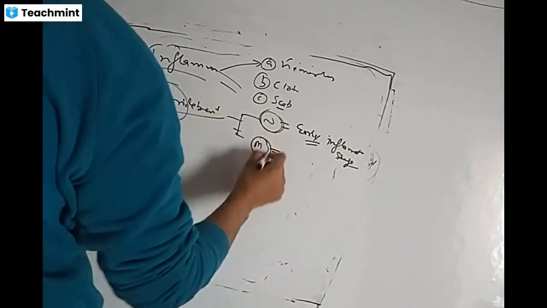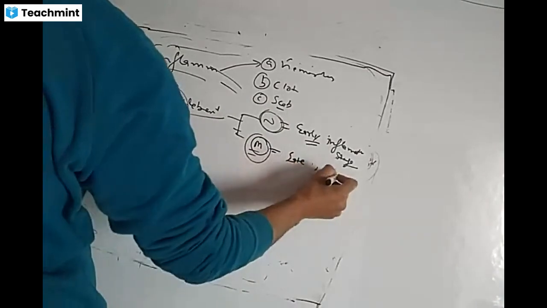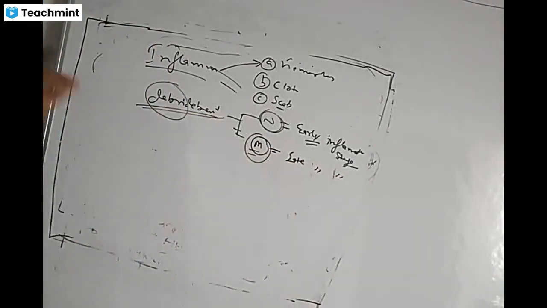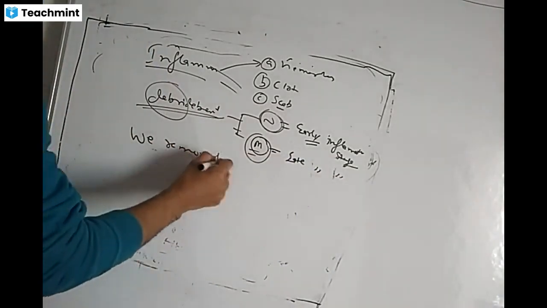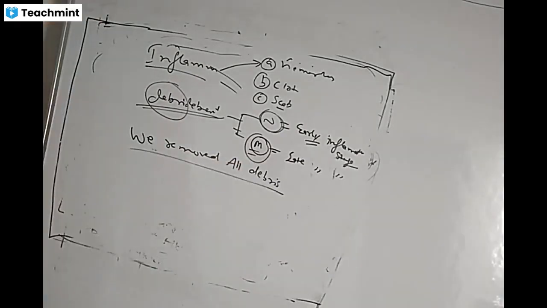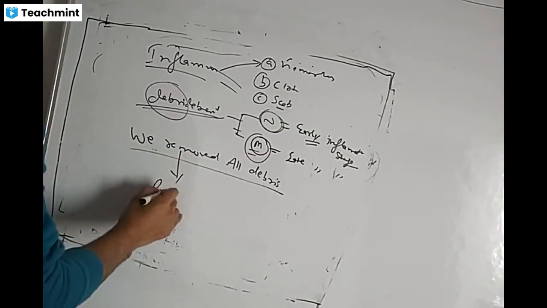In some books, they write for monocyte entry late inflammatory stage. So the debridement process, we removed all debris. Now this is the real time to go for repair phase.